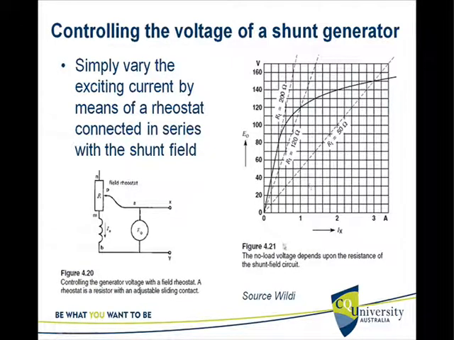That's what is shown in the figure. The no load voltage depends upon the resistance of the shunt field circuit. You can use different points in these magnetic saturation curves to set the no load voltage.